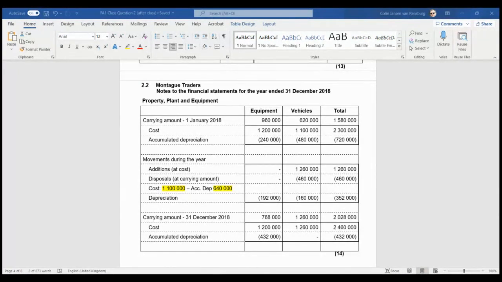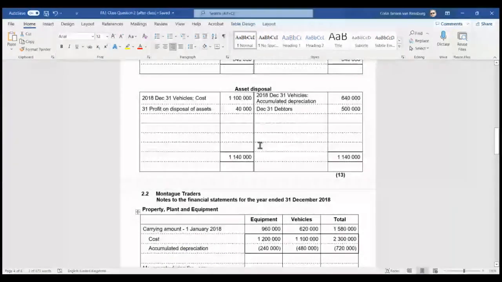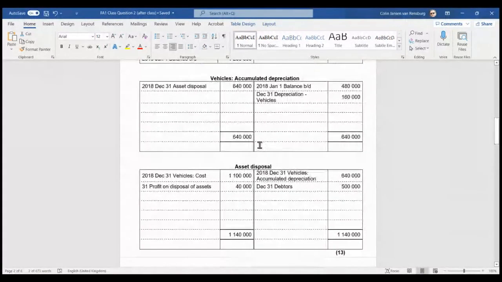Now we can simply go and have a look at our ledger account. Is that truly what it reflects? There we see, ladies and gentlemen, vehicles accumulated depreciation. That was the opening balance. We reduced it by 640. We increased it by 160. There is no balance carried forward, so it has a zero balance.